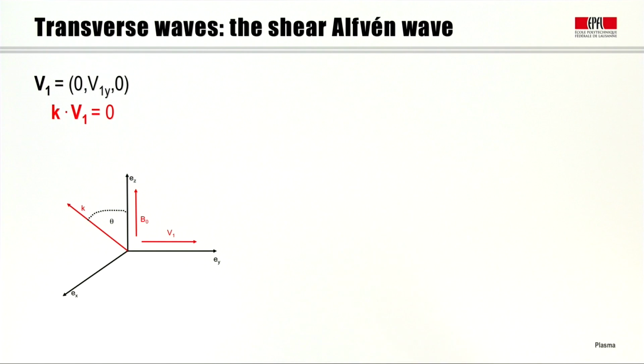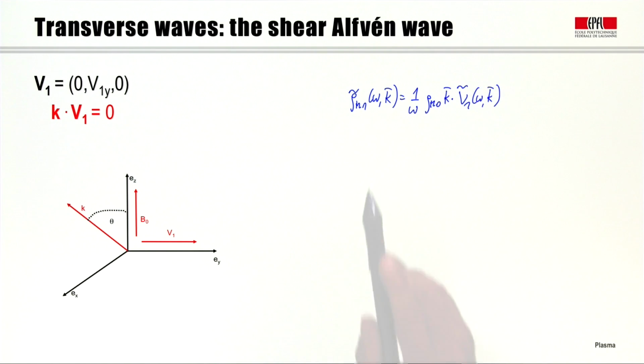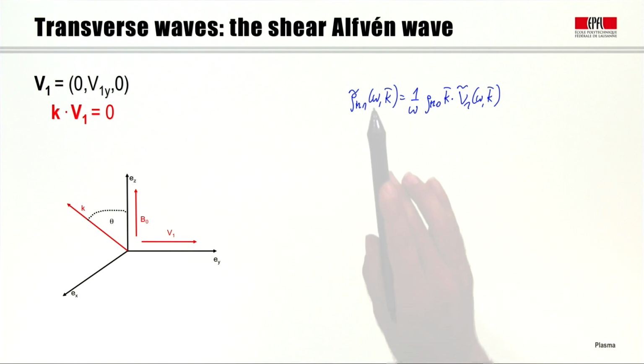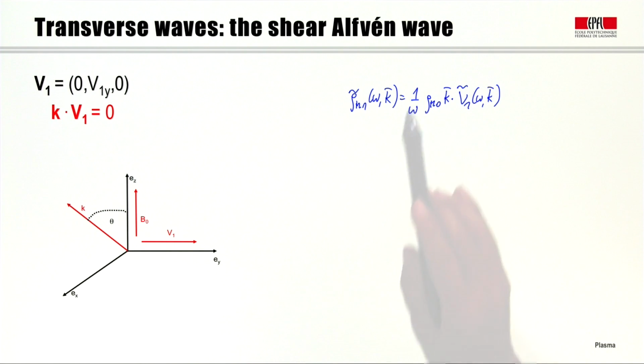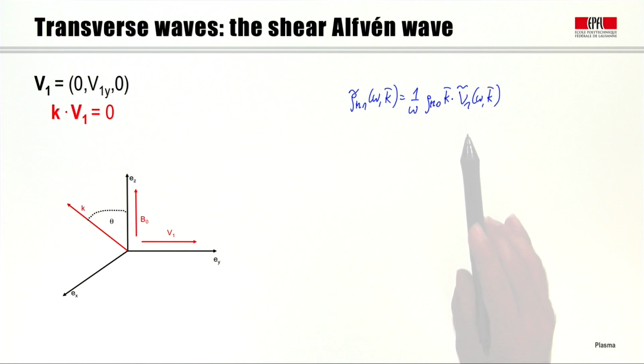V1 is only along the y direction, and therefore V1 is perpendicular to k because k is in the xz plane. We can now start with the equation in Fourier space for the perturbed mass density. Perturbed mass density rho tilde m1 equals 1 over omega rho m0 k dot V1 tilde.